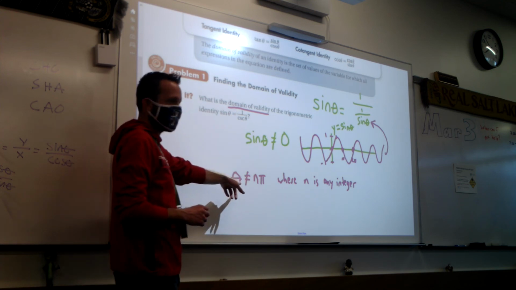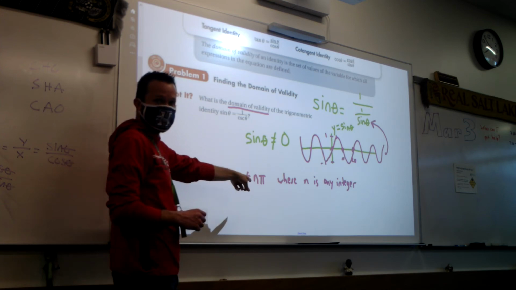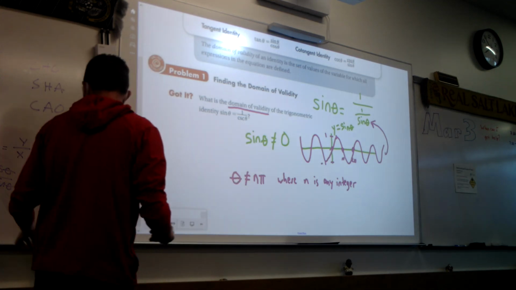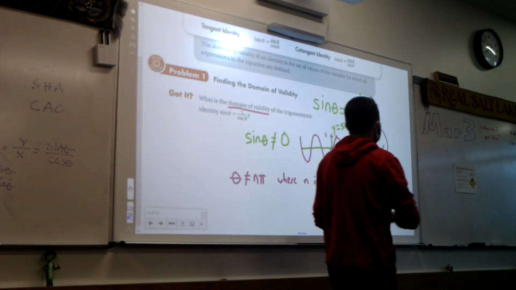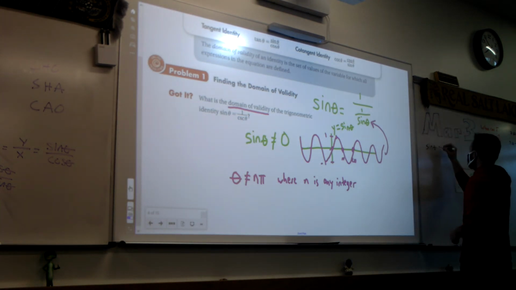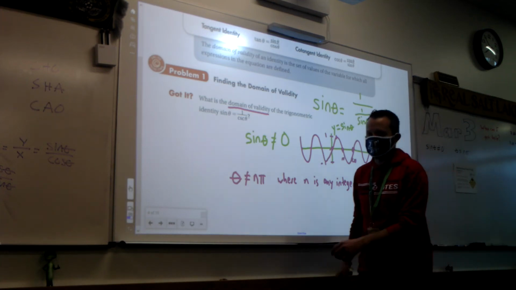In other words, say that theta cannot be any multiple of pi, it's n pi, okay? Will you have that written down somewhere? I'm going to put that over on our sideboard just as a way of remembering. So if we have sine of theta cannot equal 0, then we're going to say that theta cannot equal n pi. Okay, cool. Let's keep on rolling here.